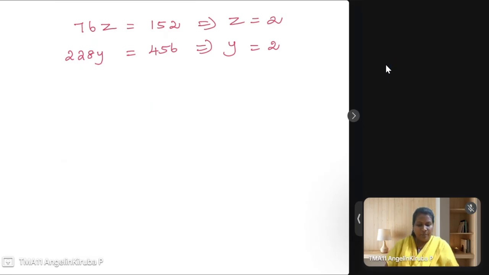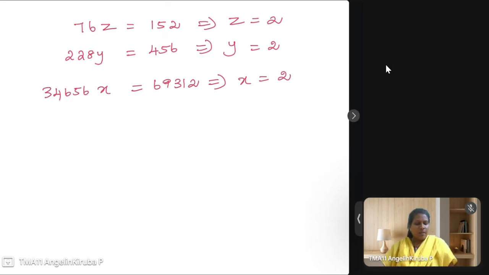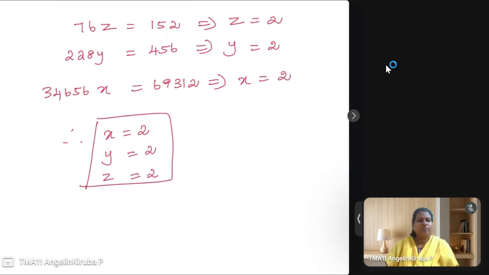Finally, the last one, 34656x is equal to 69312. From this, x is also equal to 2. Therefore, the values of x, y and z are: x is equal to 2, y is equal to 2, z is also equal to 2.